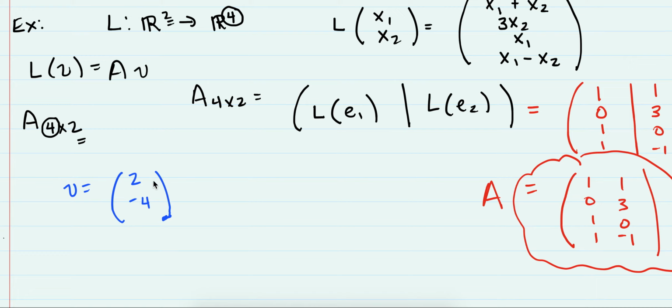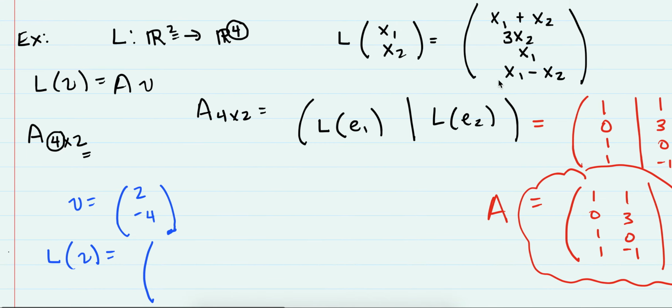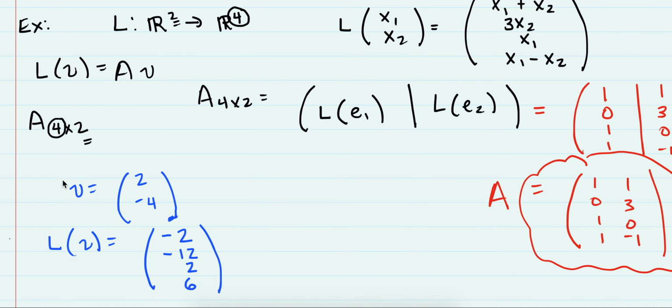What happens if I plug this into L? Remember, this is our mapping. So we add these two together, so I get a negative 2. 3 times this one, negative 12. We keep this one, so this is 2. And then we take 2 minus a negative 4, so that should be 6. So v is sent here.